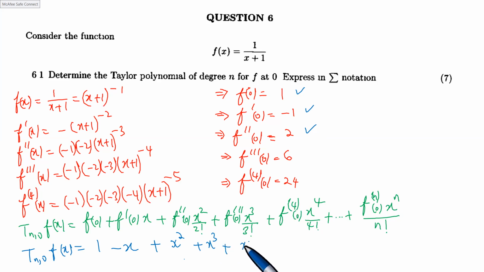So this is just that. Right, so the pattern is visible and is very, very clear. Okay, there is a sign issue here. The first one is positive, this one is negative, and then the 2 is positive, this one is negative, the 24 is positive. So the 6 is going to be negative here.